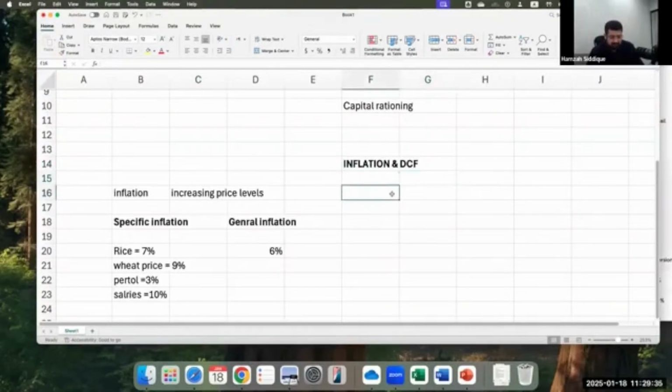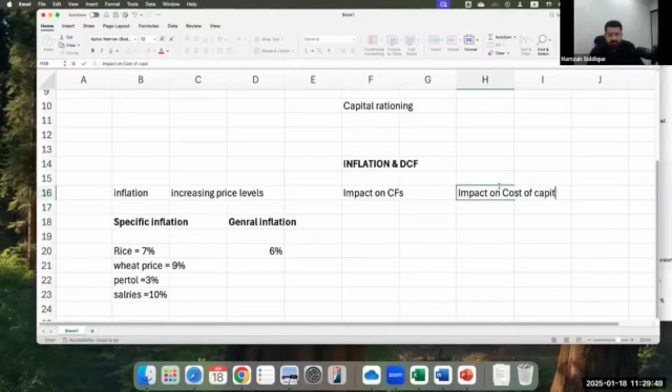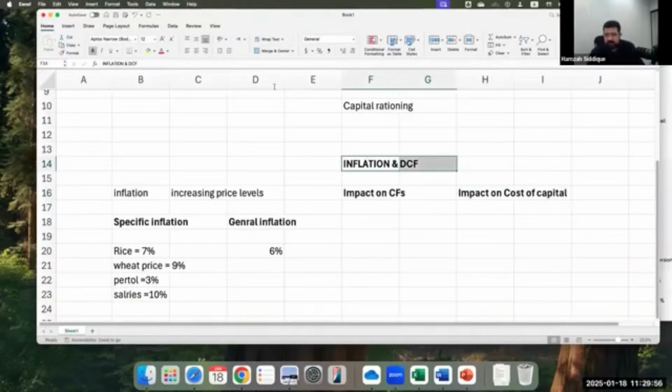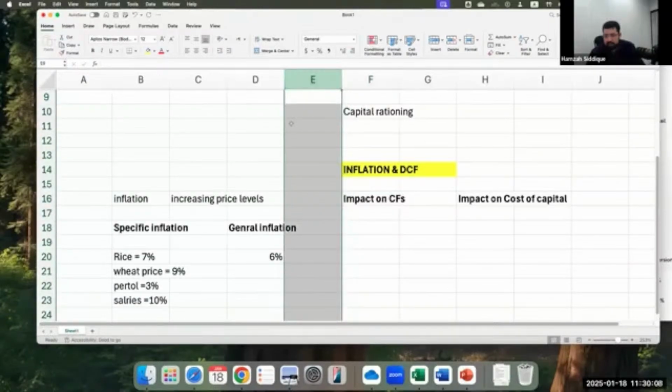One side is the impact on cash flows, and the second is the impact on cost of capital or discount rate. Two sides, right?